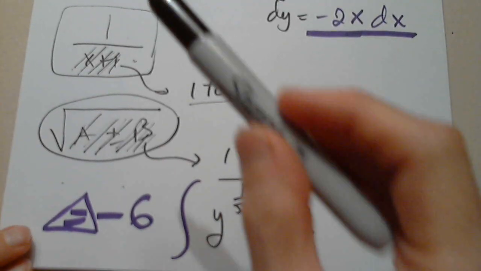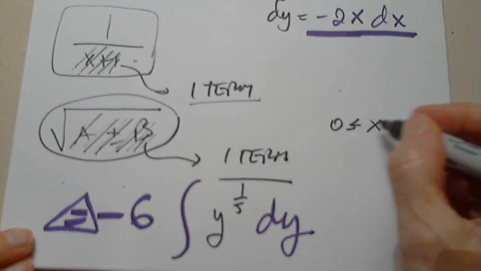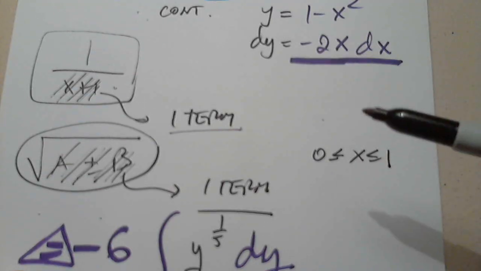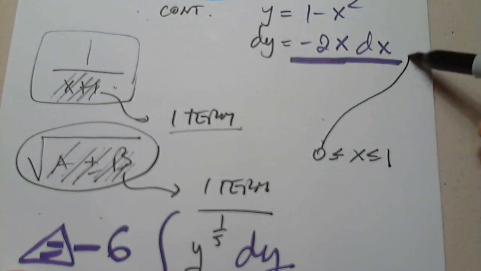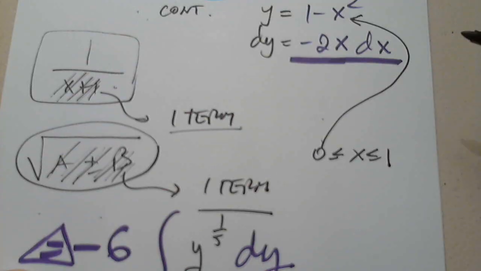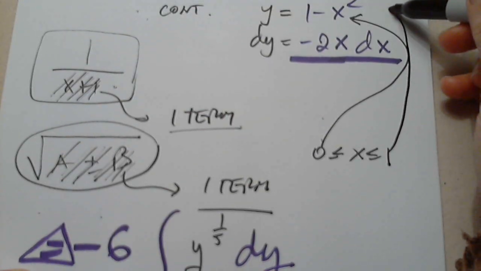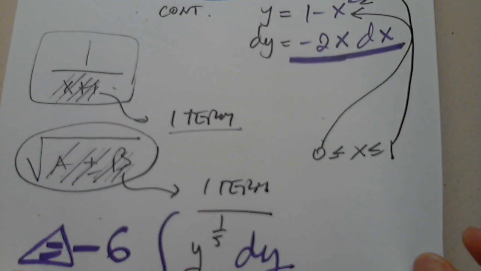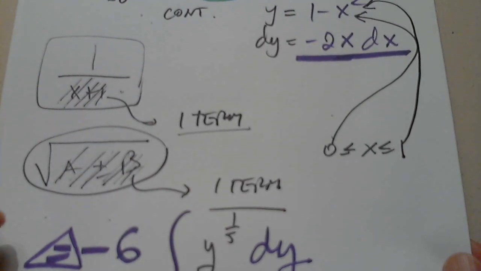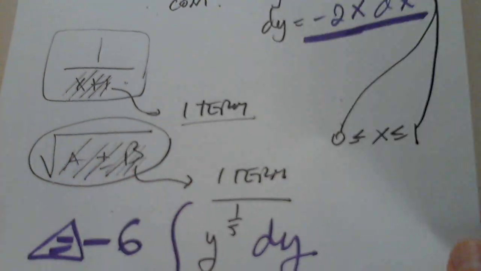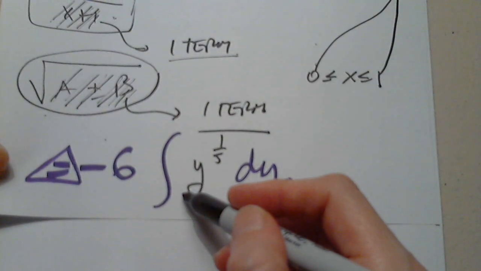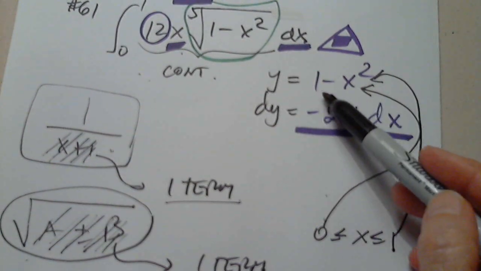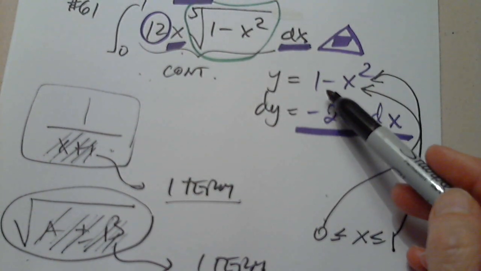Now, remember x is between 0 and 1, but I need the limits of integration for y. So when x is 0, I get the lower limit for y. When x is 1, I get the upper limit for y. So when x is 0, the lower limit for y is 1.